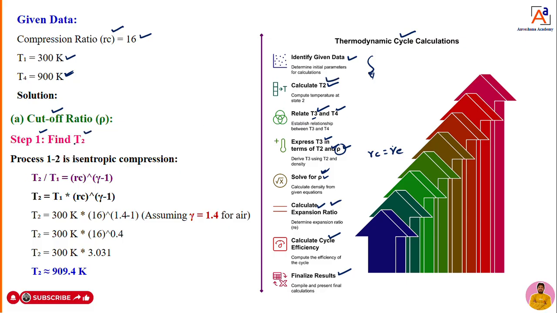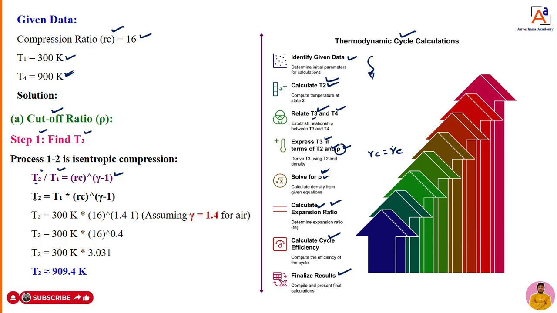How to calculate T2? I will go with the isentropic compression process or adiabatic compression process. There we know the variation of temperature versus volume, that is T2 by T1 is equal to RC to the power of gamma minus 1. So I will take the value of T2 outside, because T1 he has already given in the problem.